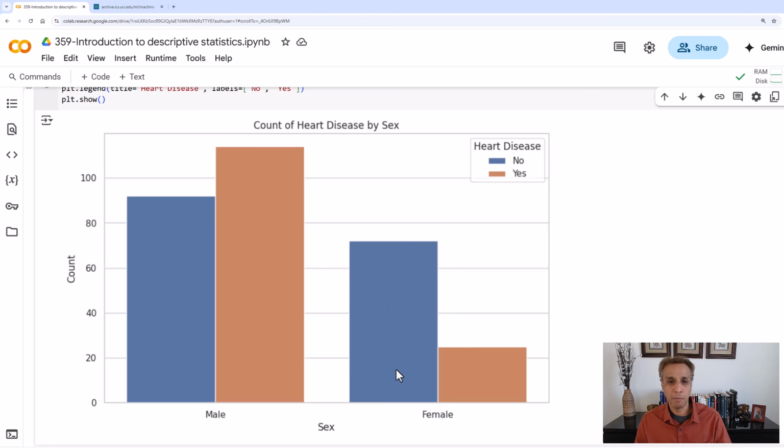Opposite for the females. More females do not have heart disease compared to the males. Of course, we have more male data compared to female data, but still, if you look at the relative, it's different between male and female.